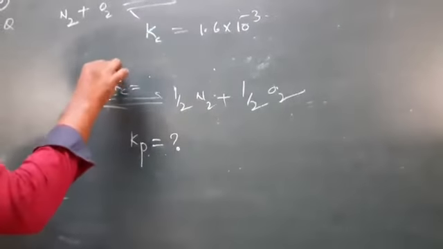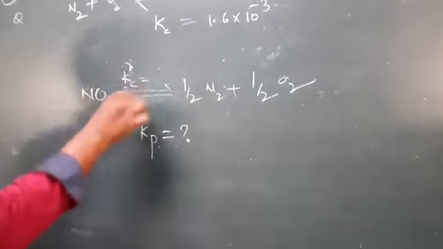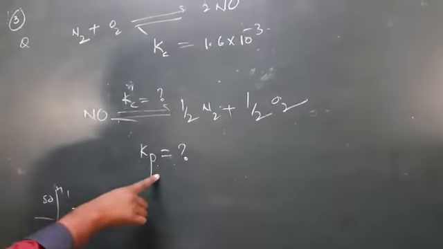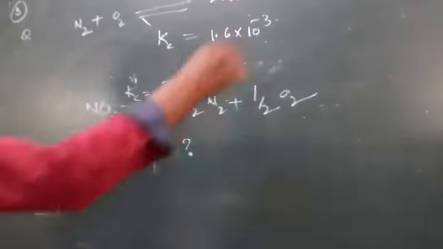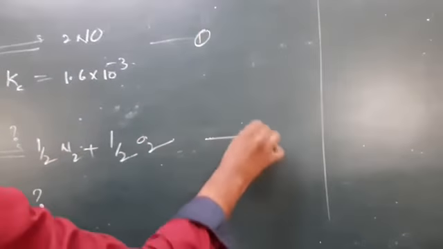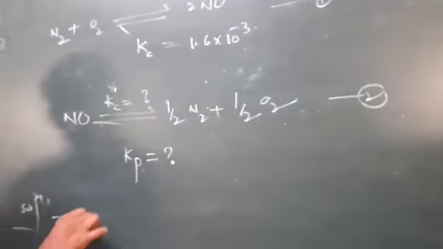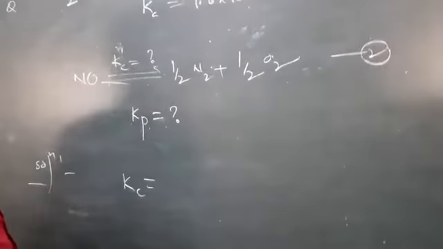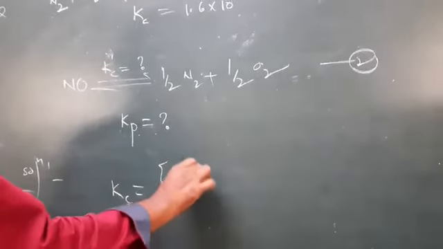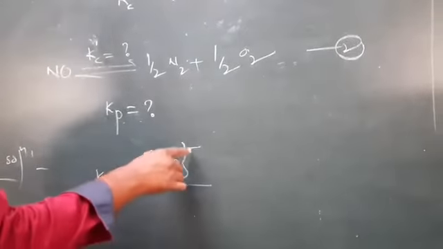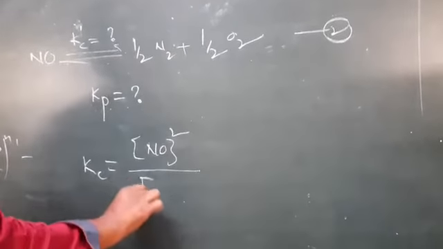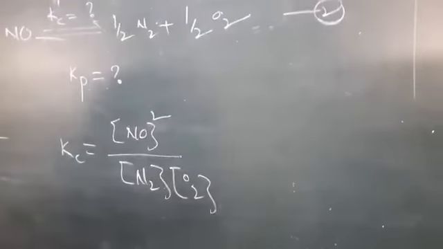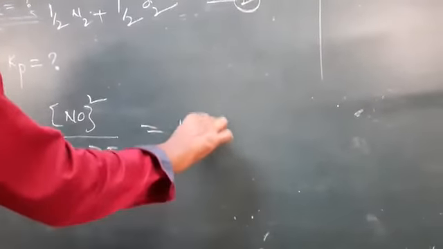This is already Kc, and I am identifying this as Kc prime. If you find Kc prime for this, then you can find Kp. So this is equation 1, this is equation 2. For equation 1, Kc, according to the law of mass action, equals concentration of products raised to their moles over concentration of N2 and O2, and this value is given as 1.6 into 10 power minus 3.